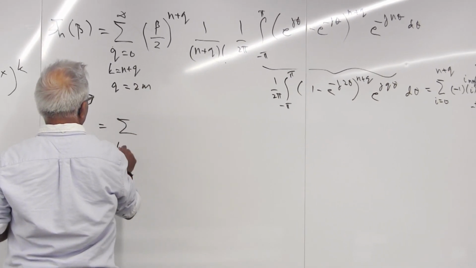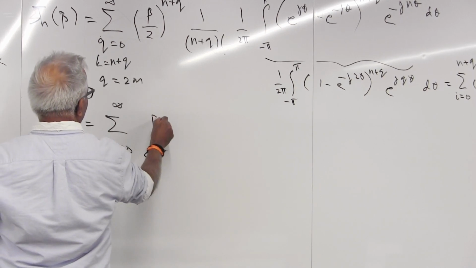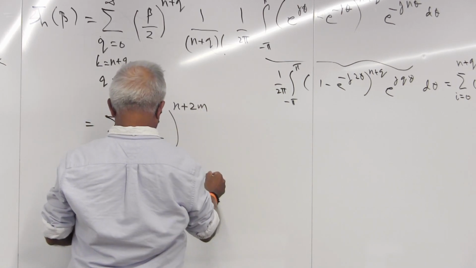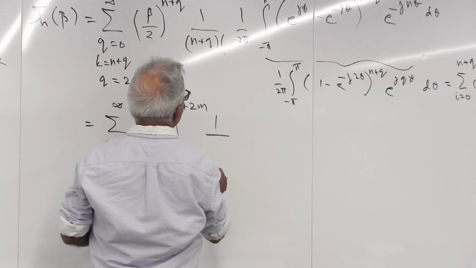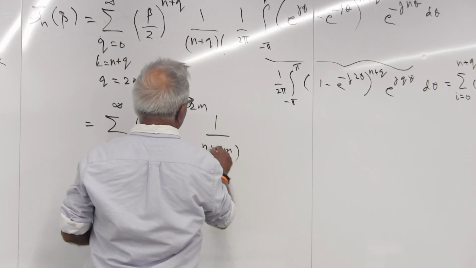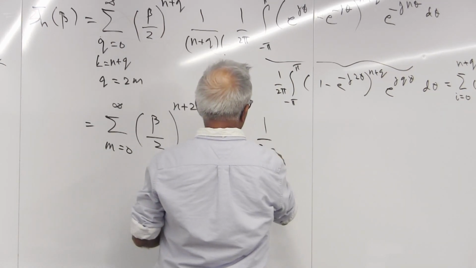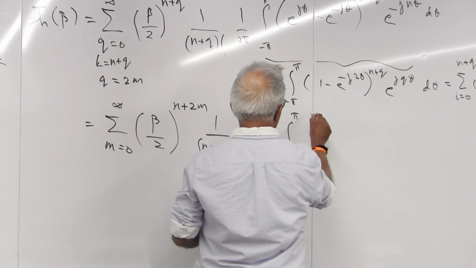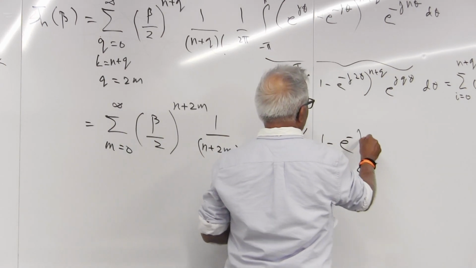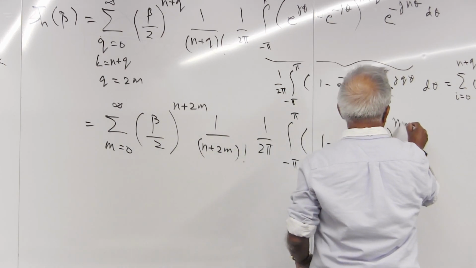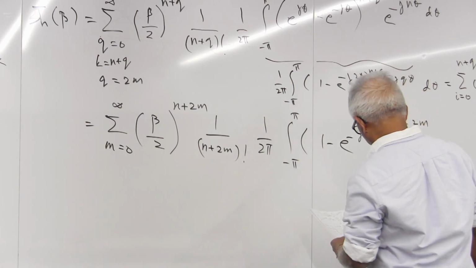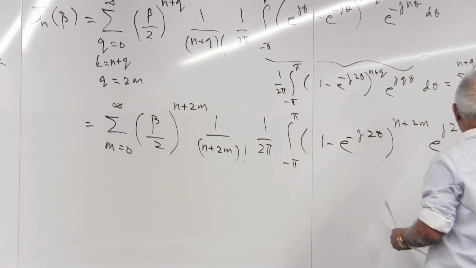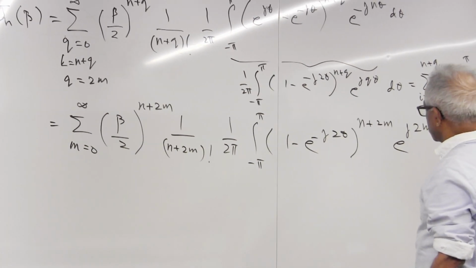So this will become summation m equal to 0 through infinity, beta over 2 to the power n plus 2m, 1 over n plus 2m factorial, times 1 over 2 pi, integral from minus pi to pi of (1 minus e raised to minus j2 theta) to the power n plus 2m, and e raised to j2m theta, because q is 2m, d theta. This needs to be computed.